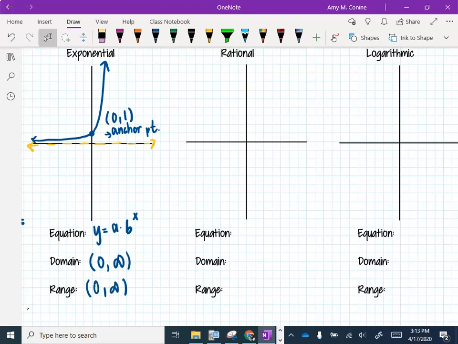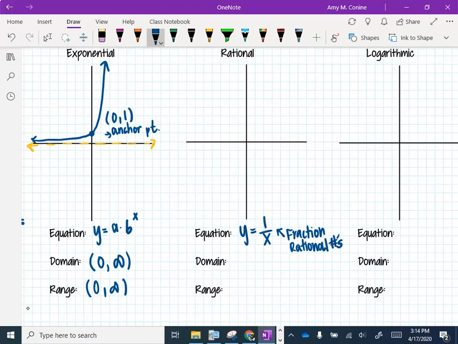So there's something called a rational function, and what that equation looks like is y equals 1 over x. So for this, it's called a rational function because this is a fraction, and fractions are also referred to as rational numbers.